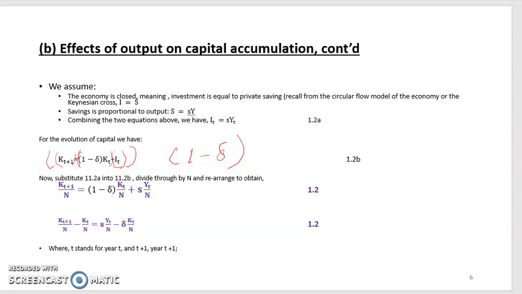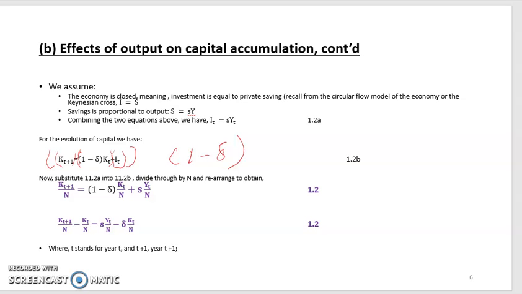Okay, given this, we can now combine the relation between output and investment and the relation between investment and capital accumulation to obtain the second relation we need in order to think about growth. That is the relation from output to capital accumulation.